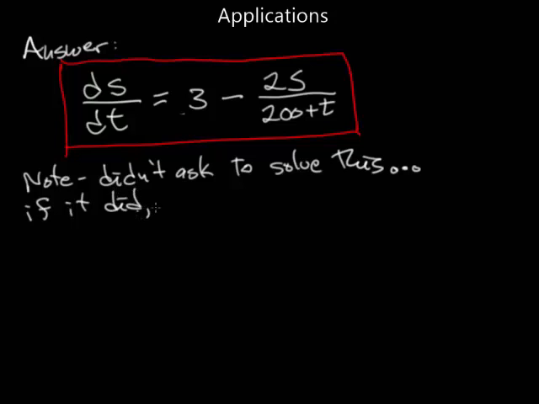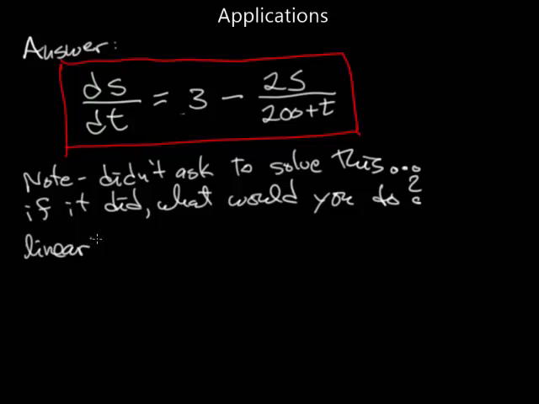Is this solvable? Is this linear? Let's see. Maybe it's linear. How do you tell if something's linear? Well, there's the dS/dt term, and there's an S, which is okay for a linear equation. And you're allowed to have a function times S. Well, that's what we have here.